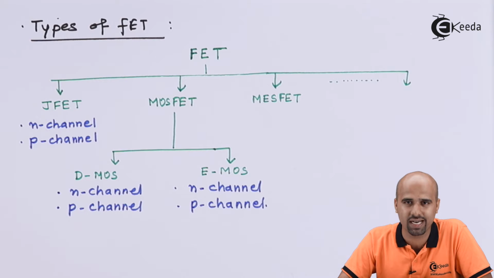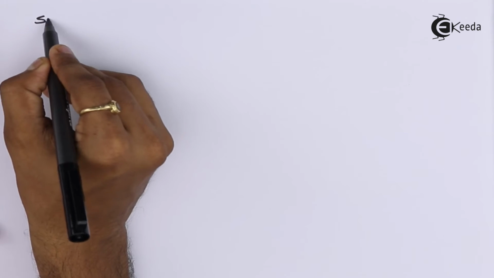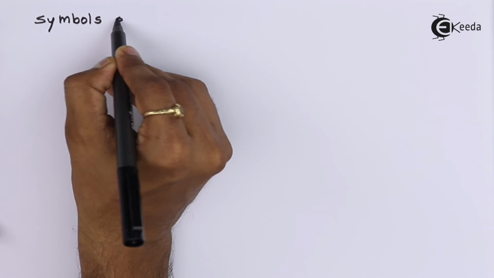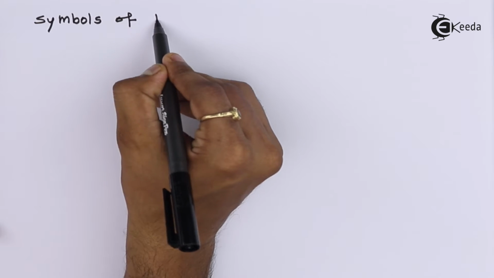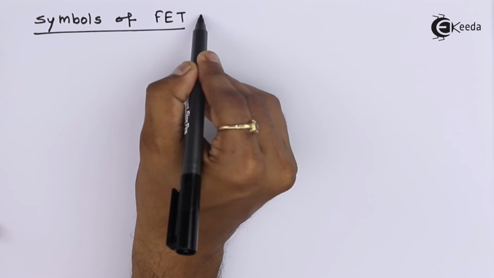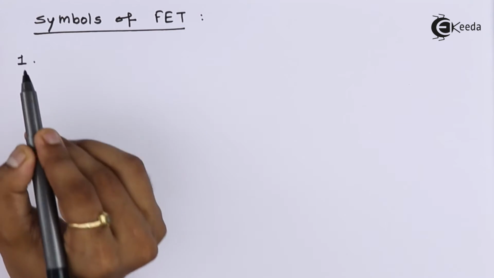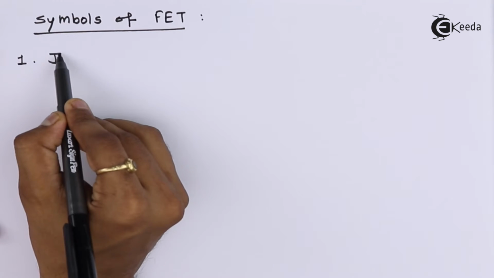We'll go to the next slide and find out what its symbol will be and why this symbolic representation is for a particular type of FET. First we will go for junction field effect transistor.